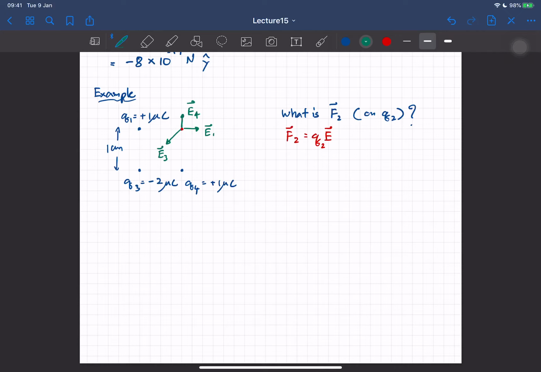So we know the direction of E1, E3, and E4. Let's write down the value for the magnitude. So the magnitude of E1 is K Q1 divided by R squared. Remember what K is? K is about 9 times 10 to the 9 in SI units. I'm not going to write the unit because we just remember that we use SI units. Q1 is 1 microcoulomb, so it's 1 times 10 to the minus 6 coulomb. Divide by distance squared, and distance is 1 centimeter, so it's 0.01 meter squared.